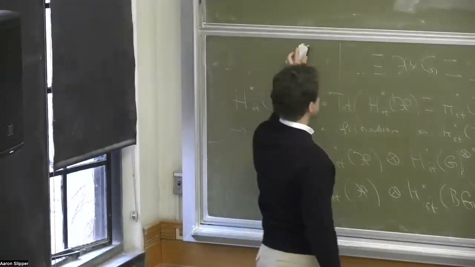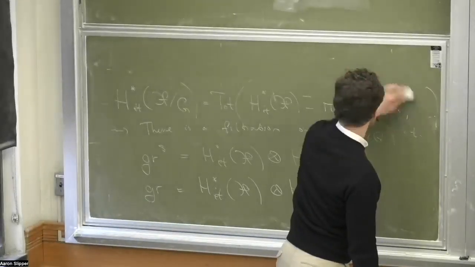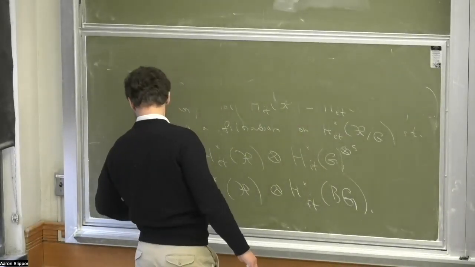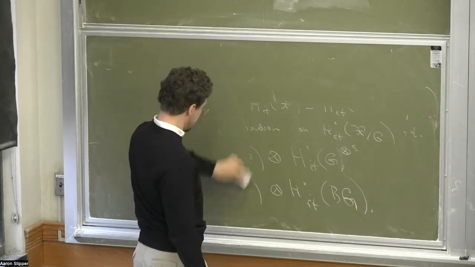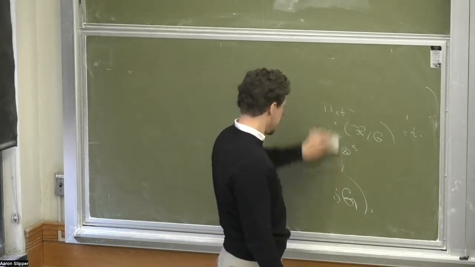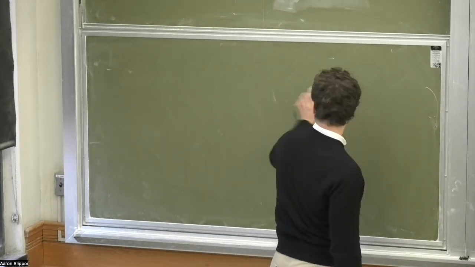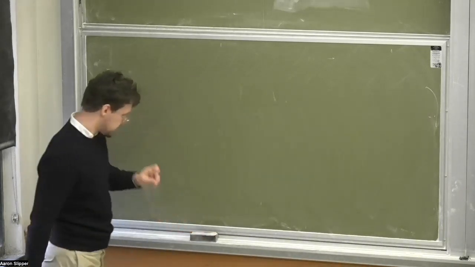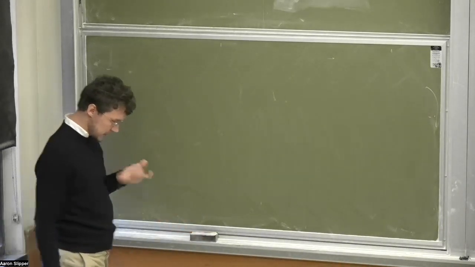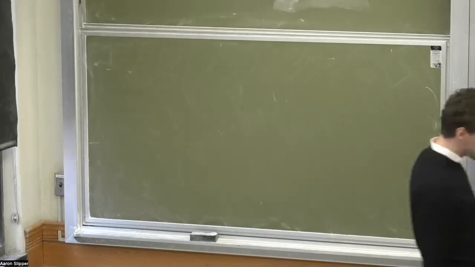So let's work with Bun_G^d for a little bit. The problem here is again that even each of these disjoint components is still not quasi-compact and isn't a stack of finite type.